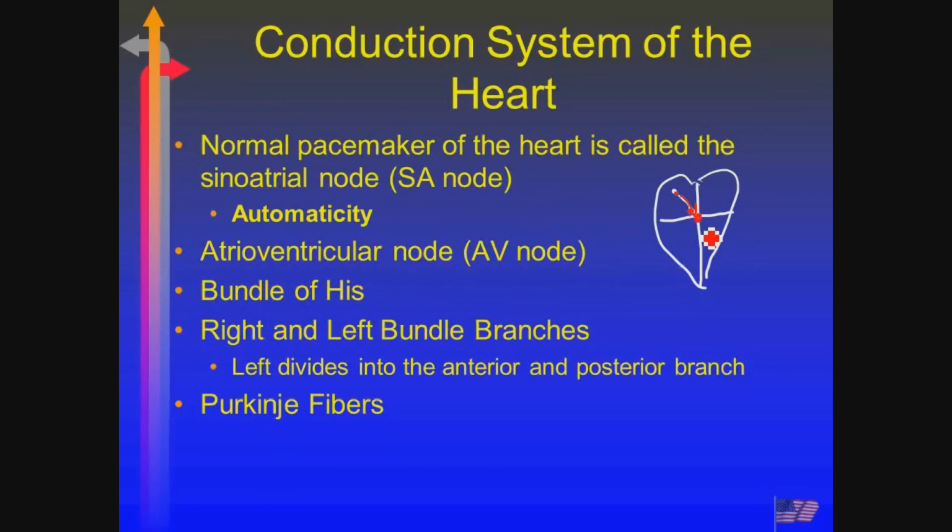Atrioventricular node. It must be between the atrium and the ventricles, and it is. It's kind of the juncture of the two septums, the interatrial and the interventricular septum, as well as the division of the valves themselves. So that's my AV node. It then passes through a structure adjacent to that node called the bundle of His.